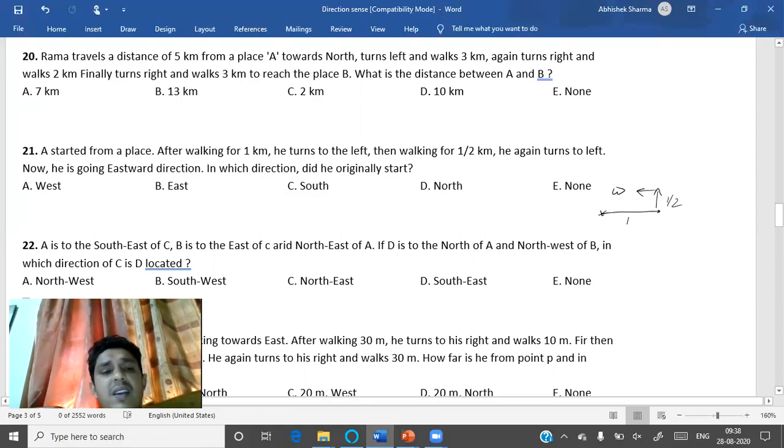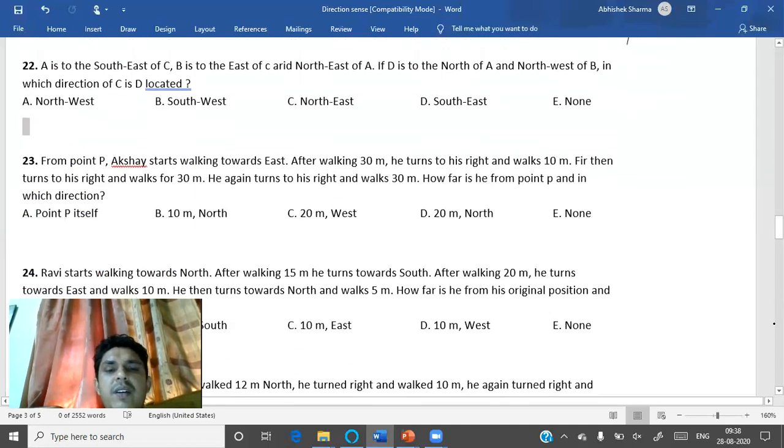But in the question, it says he is going in the east-west direction. So the question is, in which direction did he originally start? It should be opposite to the diagram that I have made. I have made it with the east direction starting, so this should be the west direction starting, right? So this was another question, right?